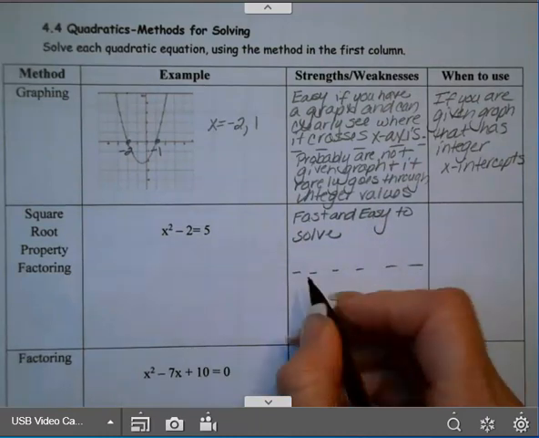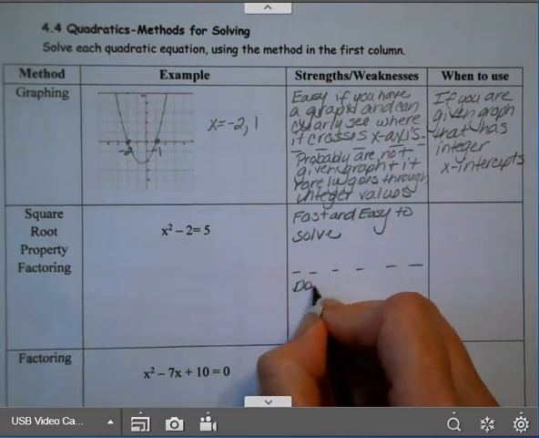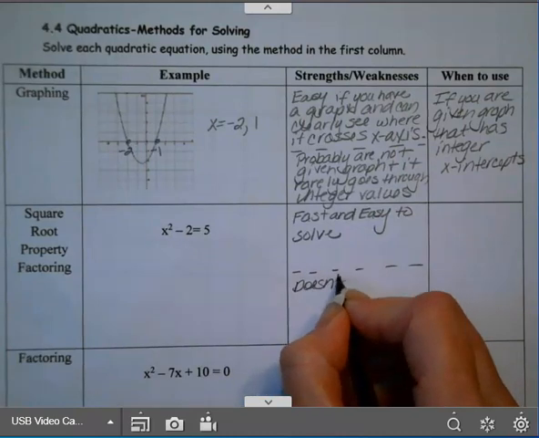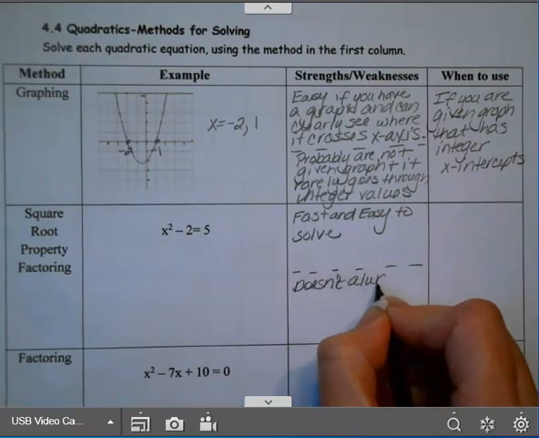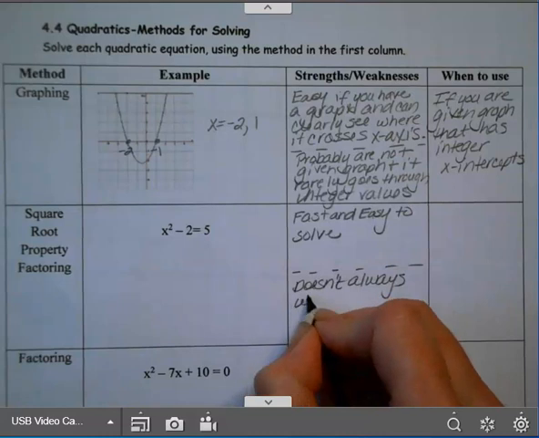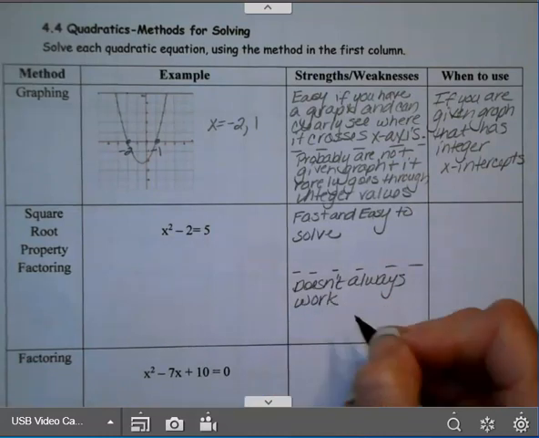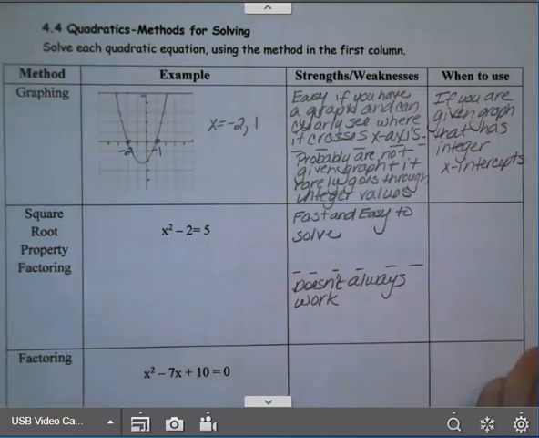A weakness of this one is it doesn't always work. That's not to say it doesn't give you the right answers. That's just, you can't always pick this method.